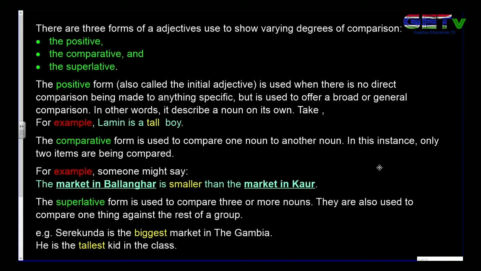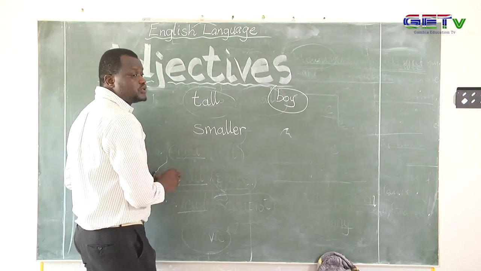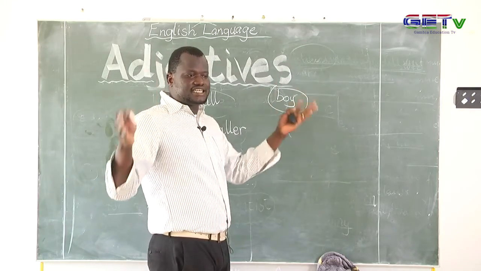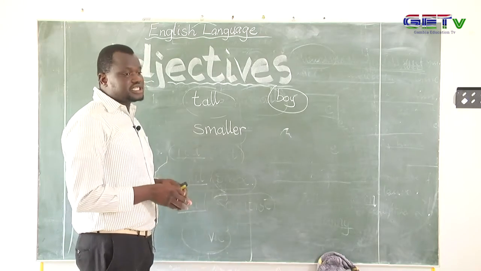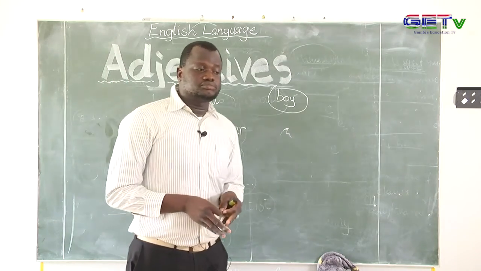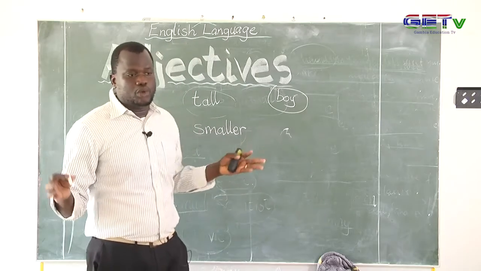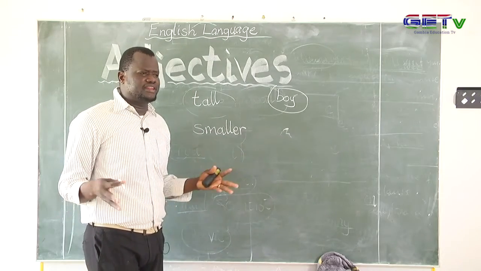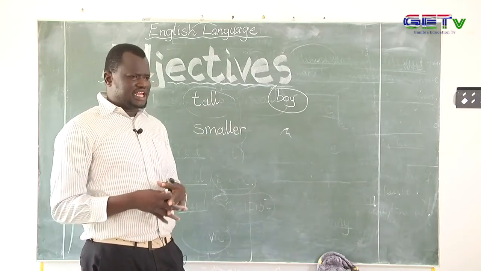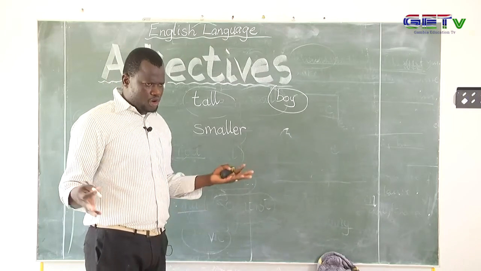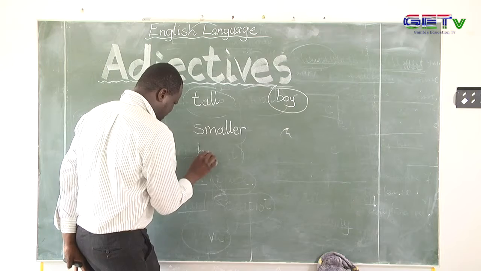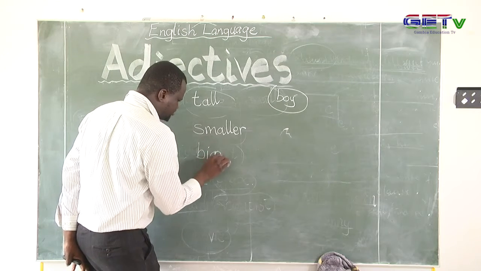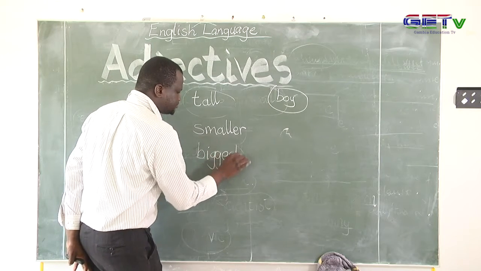We are comparing Serekunda with the rest of the markets in the Gambia. So here we are talking about many. And when you talk about many, comparing three or more, you use what? The superlative. And that is why we use the superlative here, biggest.